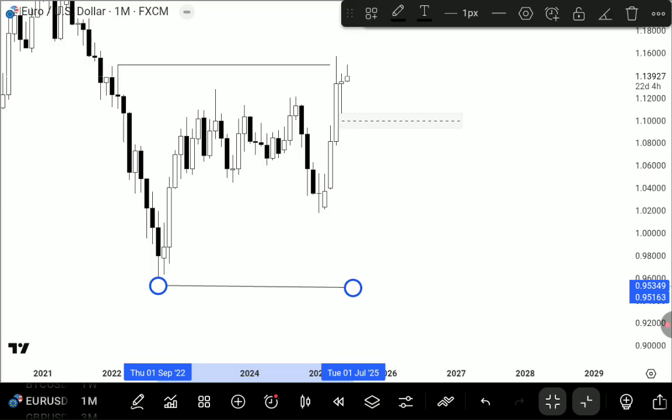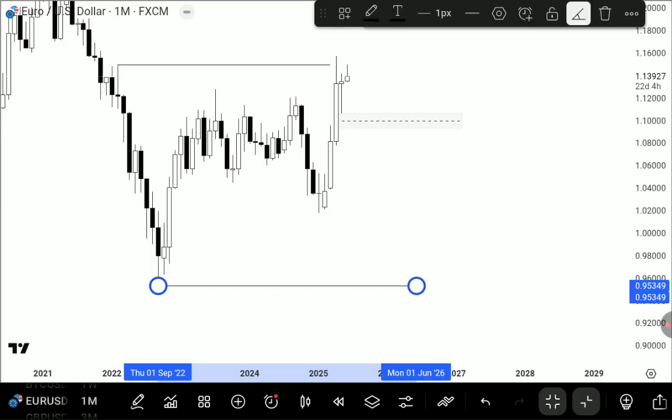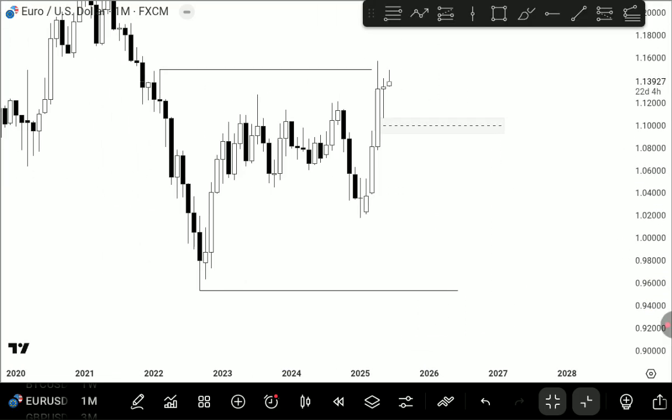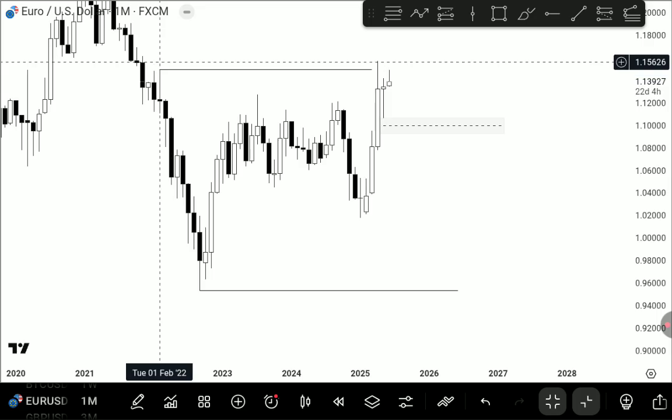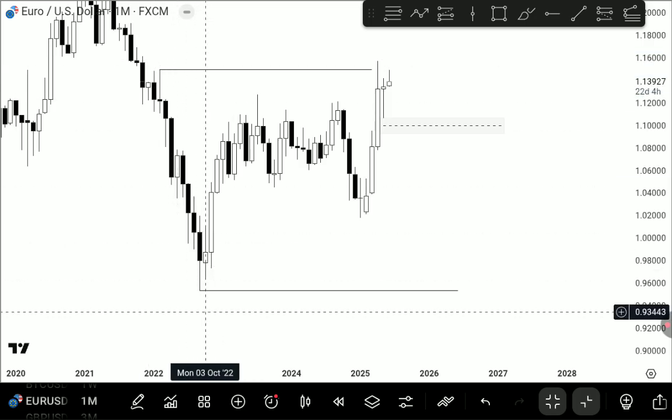What's interesting as well on the monthly chart is the creation of primarily this high and what? And this low.